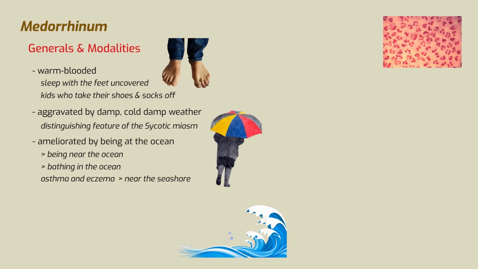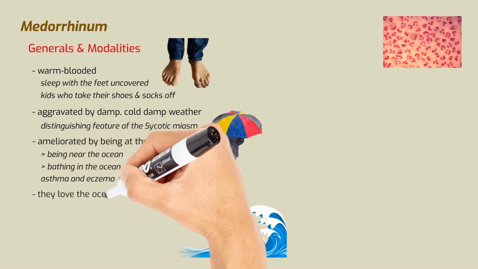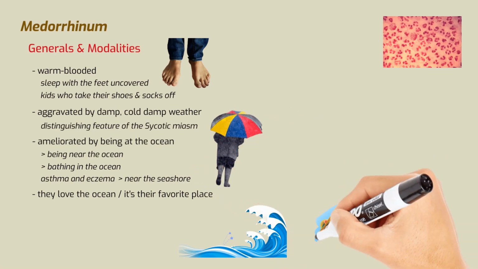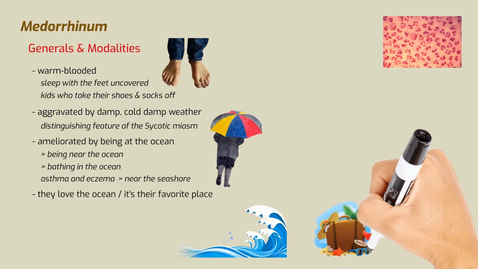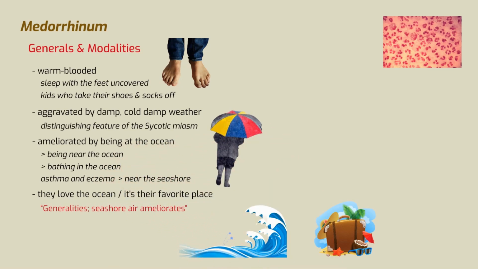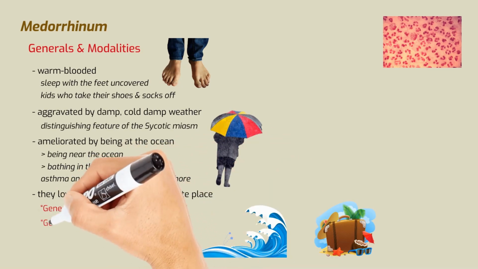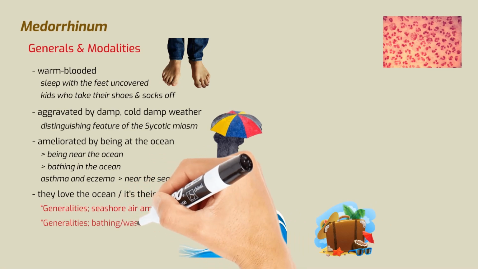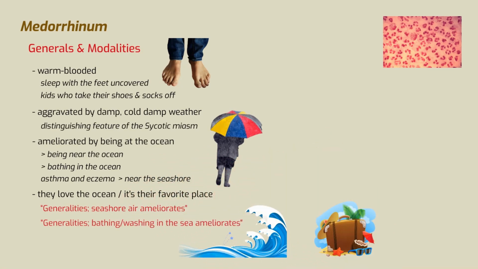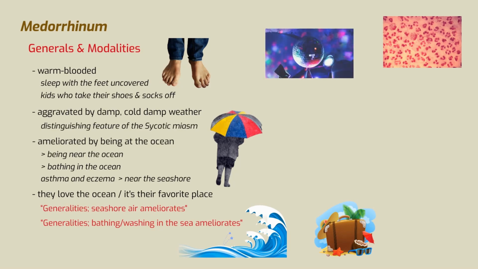Many Medorrhinum types will say that they love the ocean and that it is their favorite place to be. Medorrhinum lists prominently under both generalities, seashore air ameliorates, and generalities, bathing or washing in the sea ameliorates. Now, another reliable clue that points to Medorrhinum is that they tend to be late night persons.